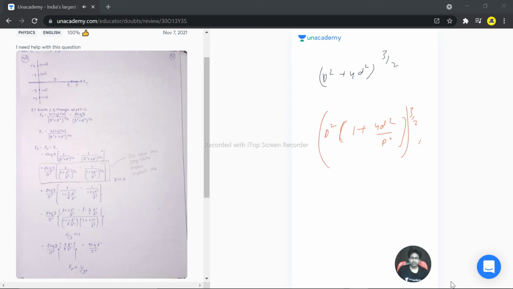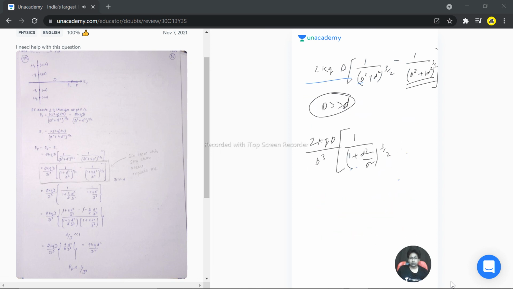Now the very next step will be, I can write this as D square raised to the power 3 by 2 and (1 plus 4d square by capital D square) raised to the power 3 by 2. So I can write D cube (1 plus 4d square by D square) raised to the power 3 by 2. D cube we have already taken common. So 1 plus 4d square by capital D square raised to the power 3 by 2.